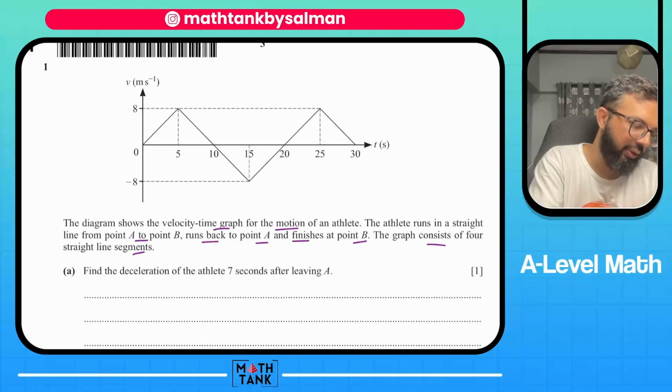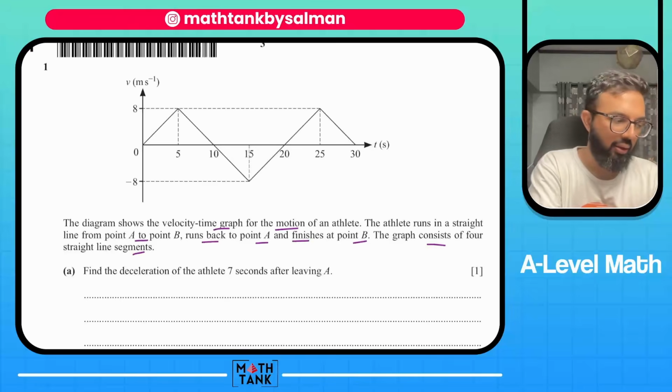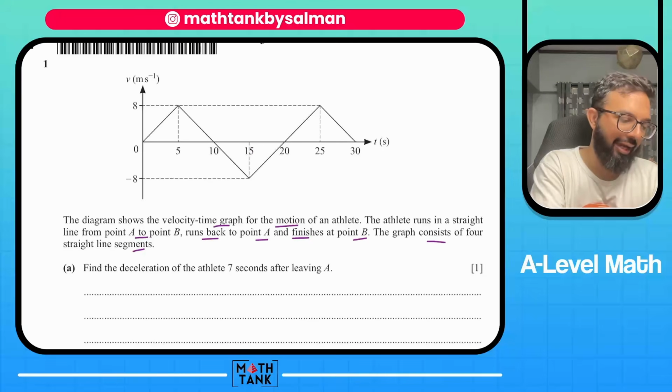So its starting point is point A. Remember that this is a VT graph, so the velocity equal to zero indicates a change in direction. Okay, so we'll see what this athlete is doing.